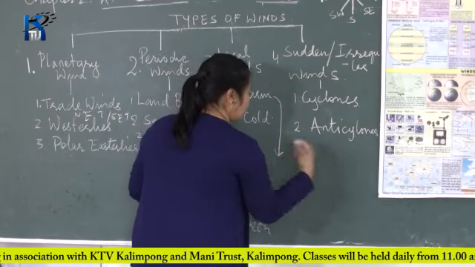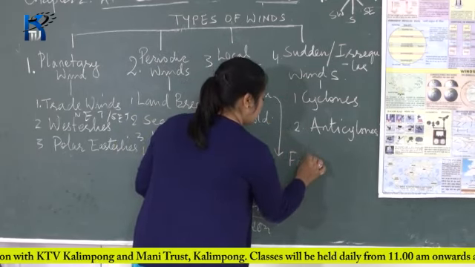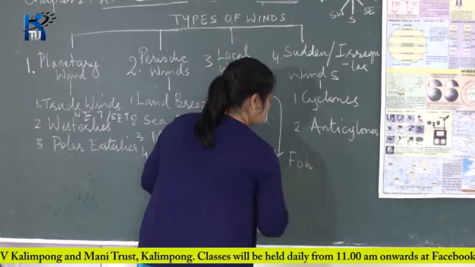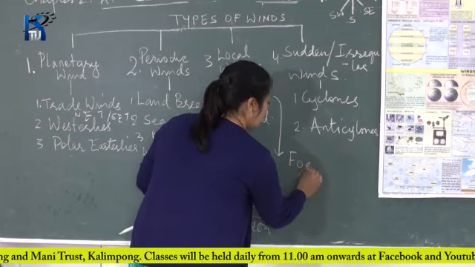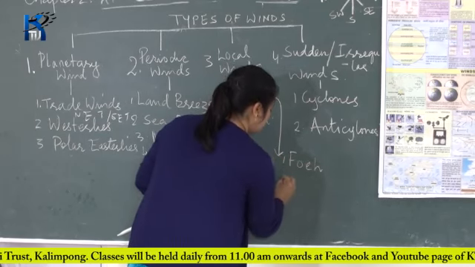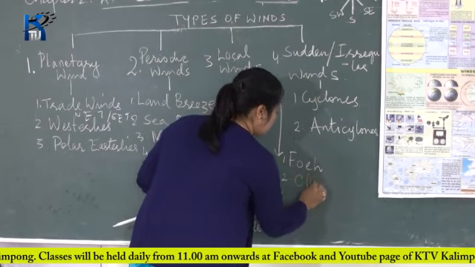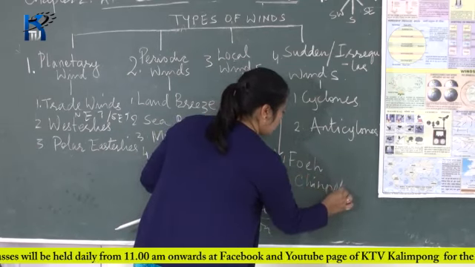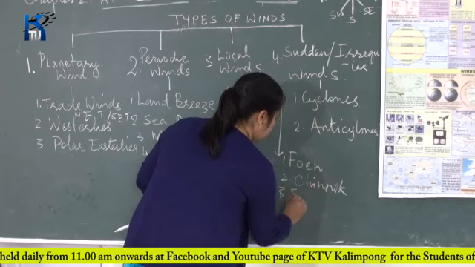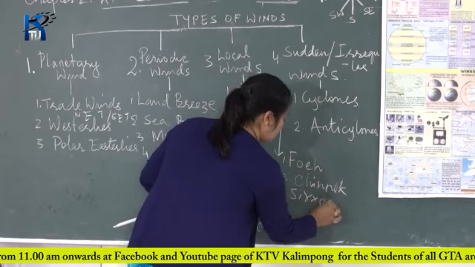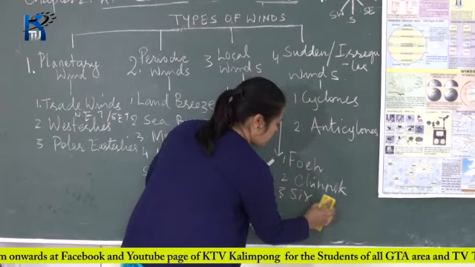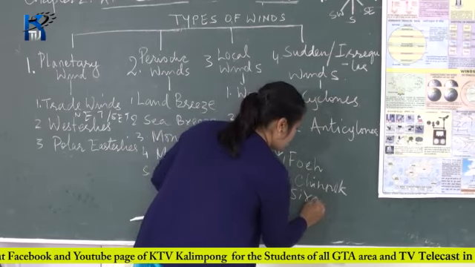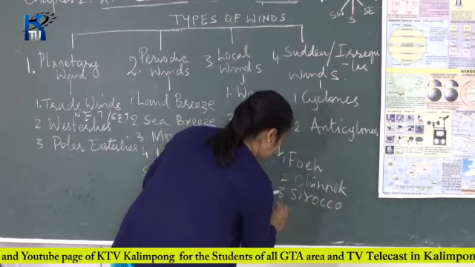Warm winds, according to our syllabus: Fawn, then Chinook, Sirocco, Lu.